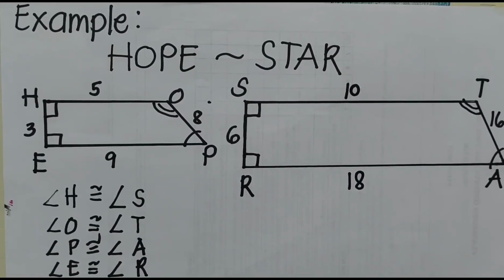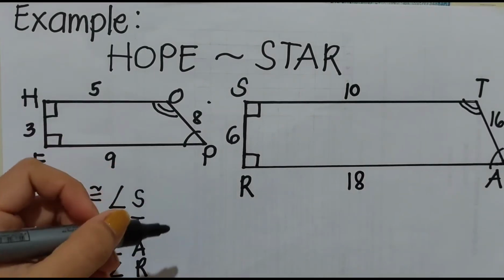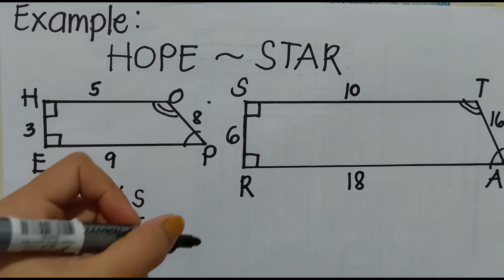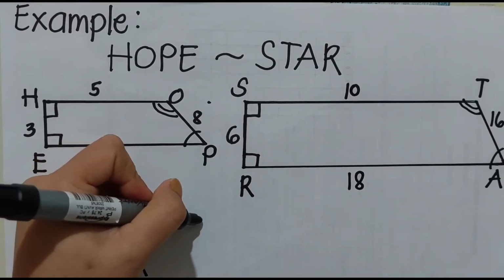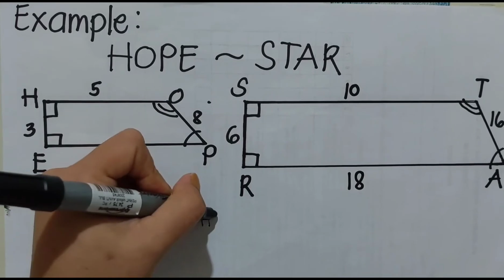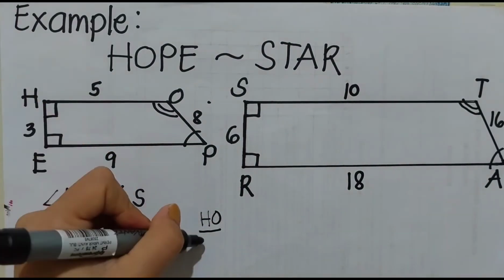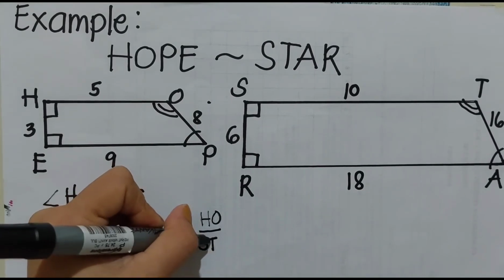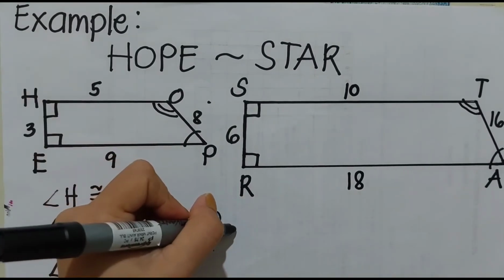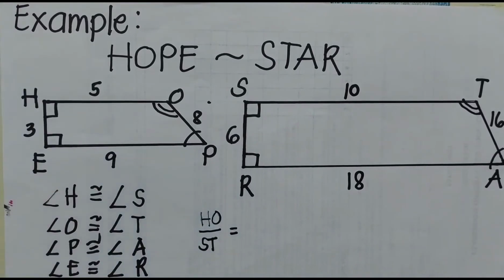Now, if the angles are congruent, at this time, we are going to identify the sides that are proportional. Let us identify first the sides that are proportional. We have HO is proportional to ST. And that would be equal to the other sides that are also proportional to each other.